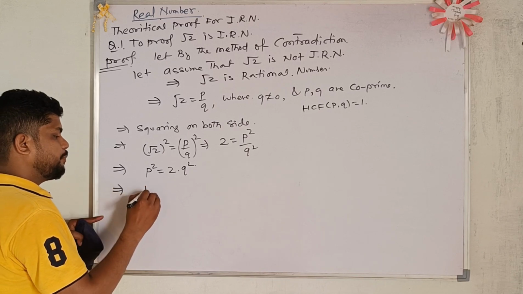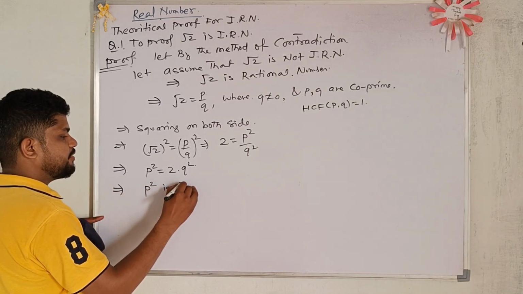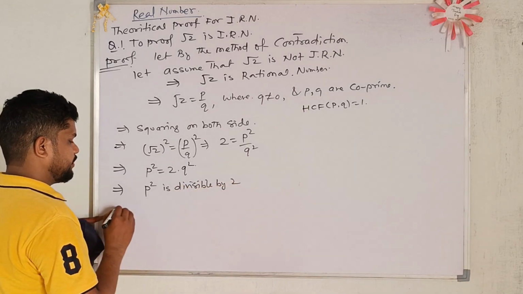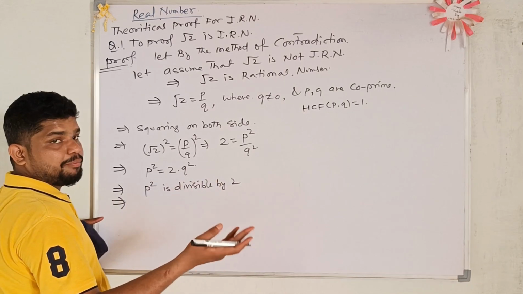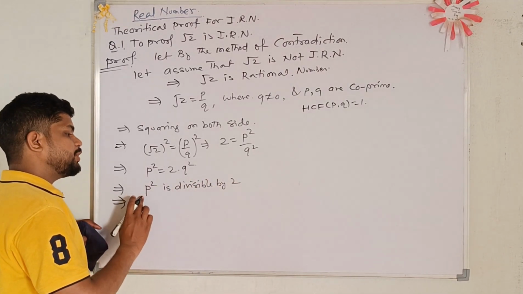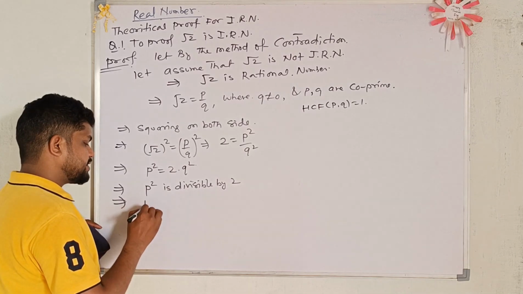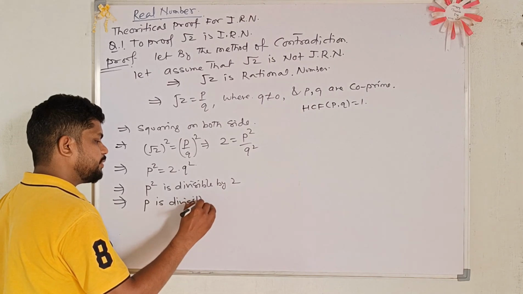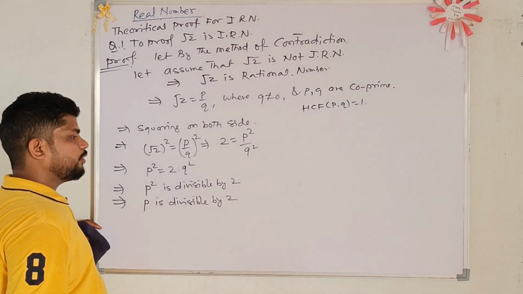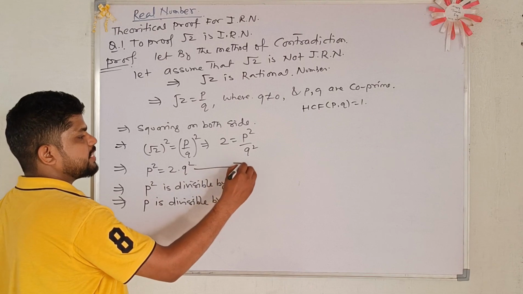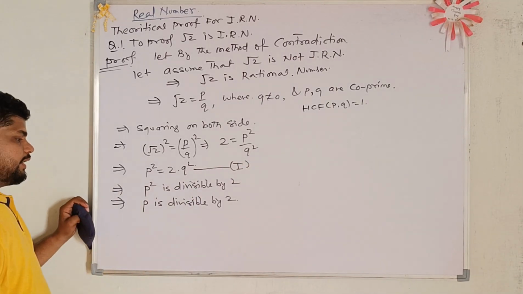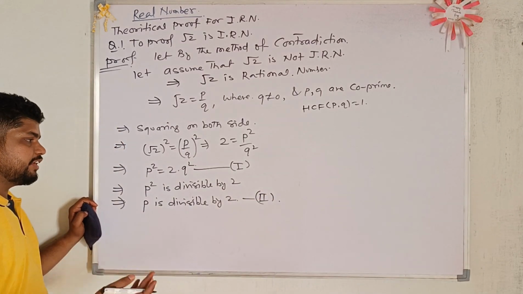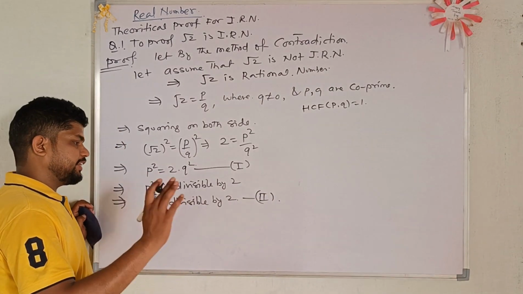Here p square is divisible by 2. So by using the lemma that I just taught you, if p square is divisible by 2, then p is also divisible by 2. Let's take this as equation number 1, and this as equation number 2. I will tell you later why I have taken these as equations.